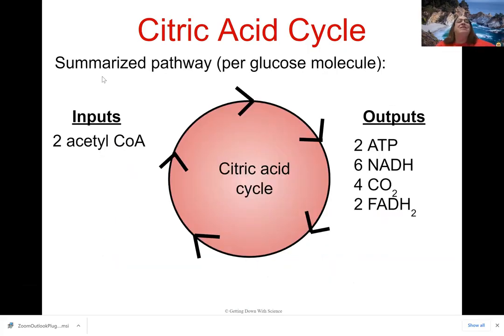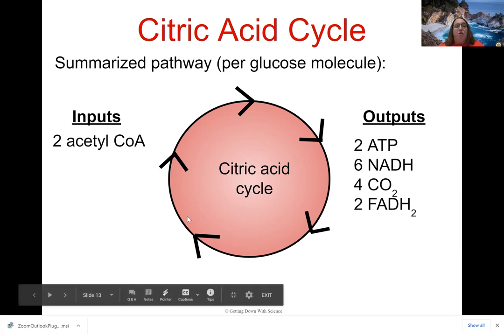So we're going to summarize the pathway based on one single glucose molecule. Remember, we already broke our glucose molecule down into 2 pyruvates, which we then turned into 2 acetyl-CoAs. So what goes into the citric acid cycle are our 2 acetyl-CoA. And it's going to go around, go through the process.